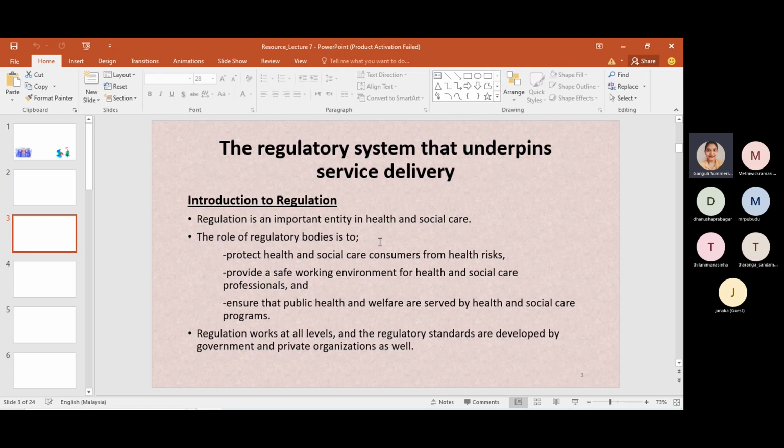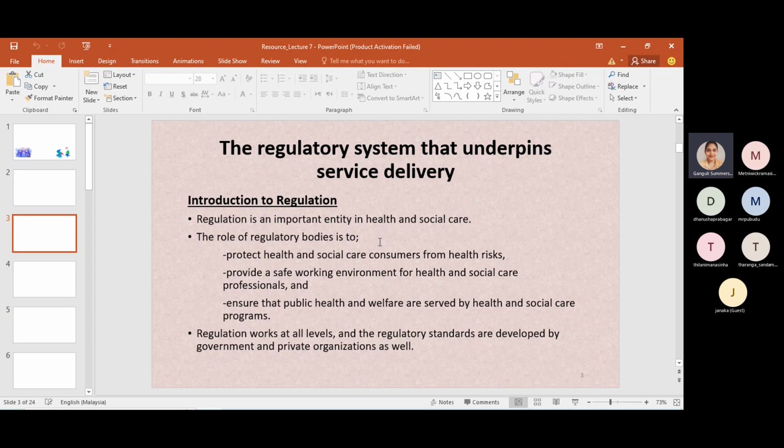Because in health and social care services, you are dealing with older patients, sometimes you are dealing with children. Basically, you are dealing with people who need medical help or some sort of help, right? Overall, you are dealing with people who need help, so your job is to provide support to these people.